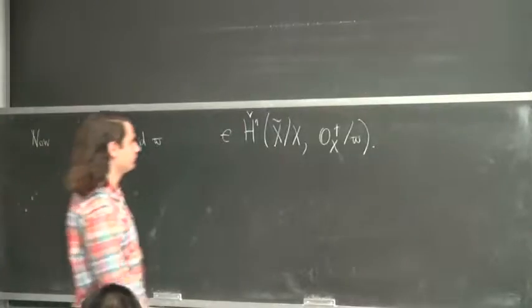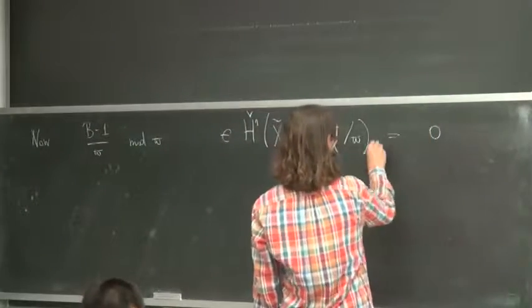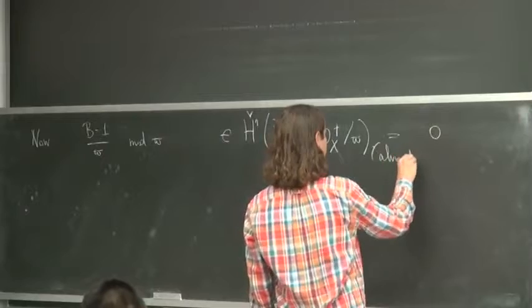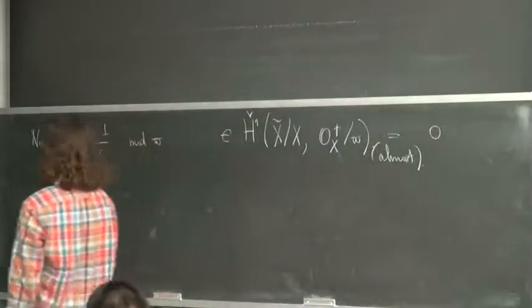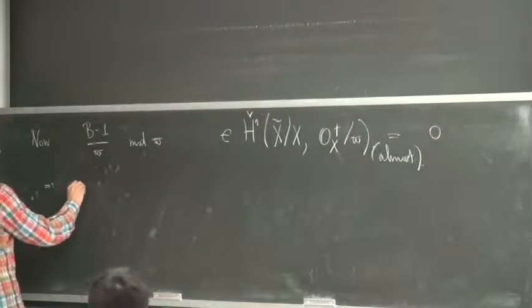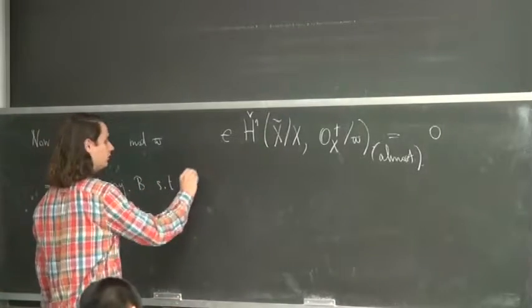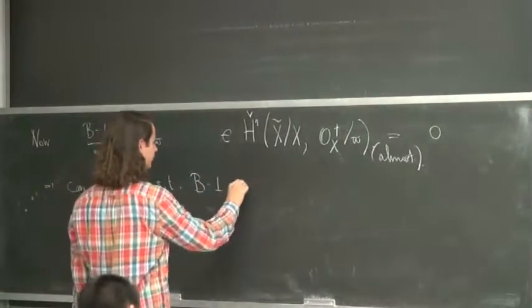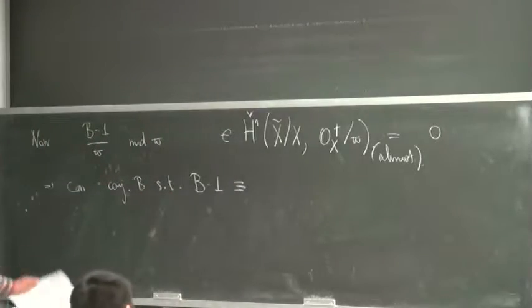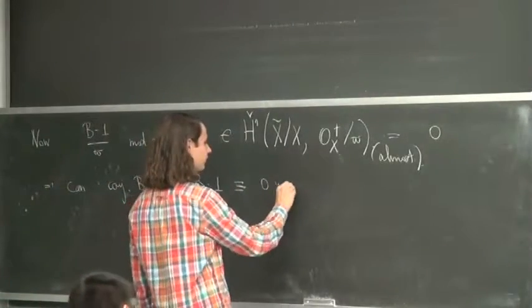But this is almost 0. And so this means that we can conjugate b such that b minus 1 is maybe not congruent to 0 mod pi squared, but at least mod pi squared minus any epsilon.